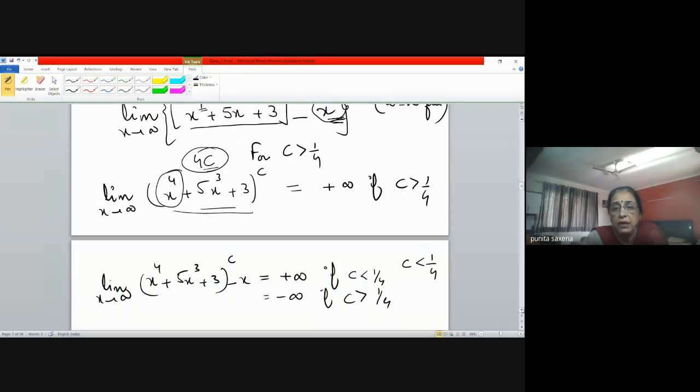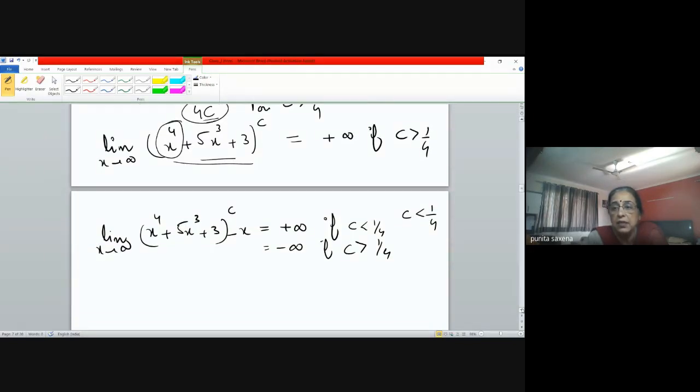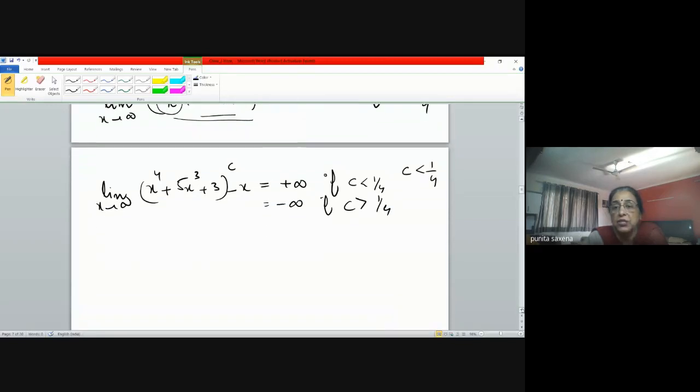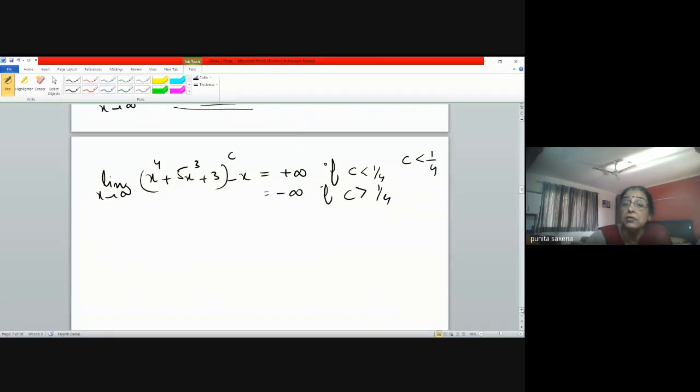So, but then we are given that the function has a finite limit and is non-zero also. So that means the only possibility left with us is to see how the function behaves when c is equal to 1/4.